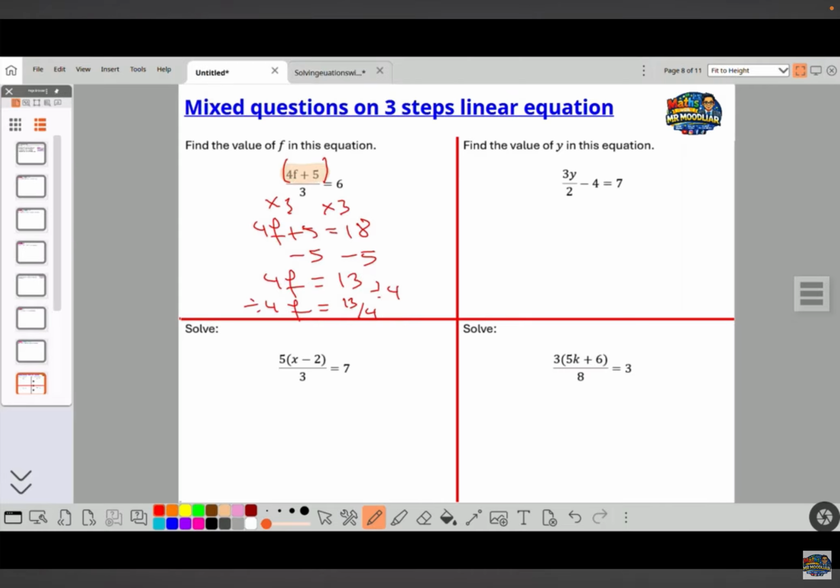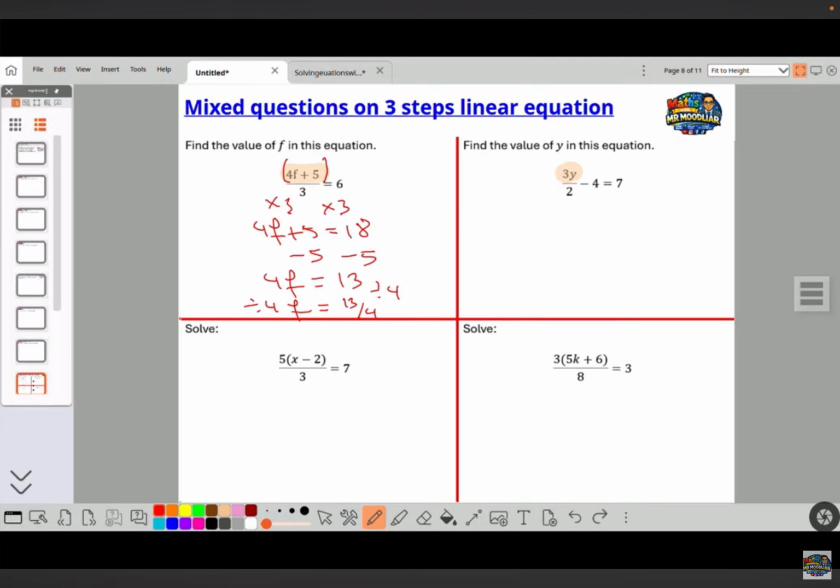Okay, let's look at the question on the right hand side now, where we find the value of y in these equations. We have 3y divided by 2 take away 4 is equal to 7. As you can see, this is quite different to the first equation, where the 3y is just one term.